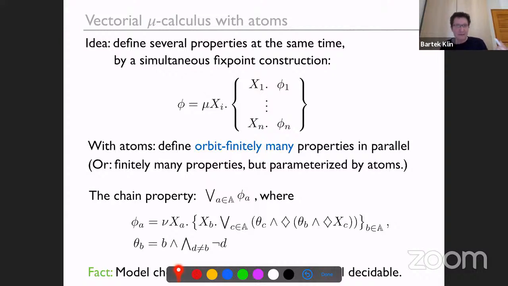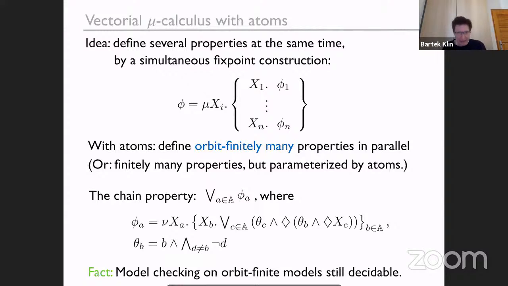So the chain property is expressible, which means that the vectorial calculus in the atom setting is strictly more expressive than the, let's call it scalar one, non-vectorial. And it turns out that model checking on orbit-finite models of this extended vectorial calculus is still decidable.